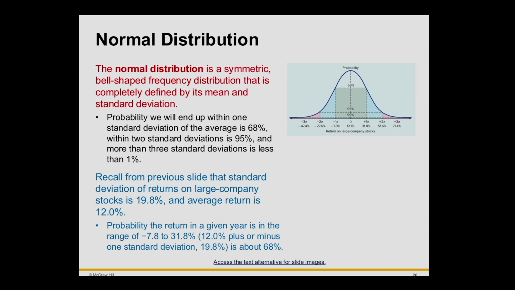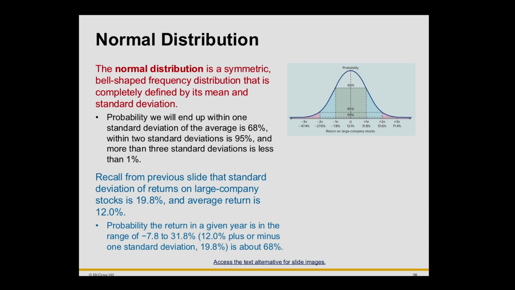In addition to the symmetry in a normal distribution, we can use that normal distribution to give us a sense of the range of returns that we might experience and put some probability on that. So if, for instance, we wanted to know 68% or just a little more than 2/3 of the time, what would a large cap portfolio return?